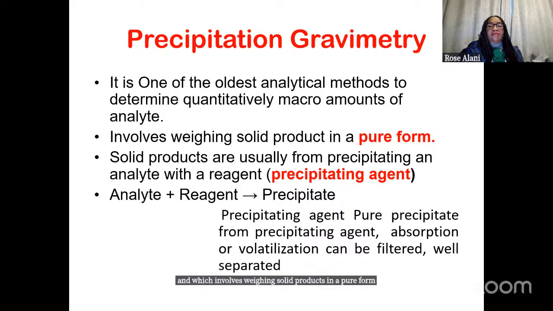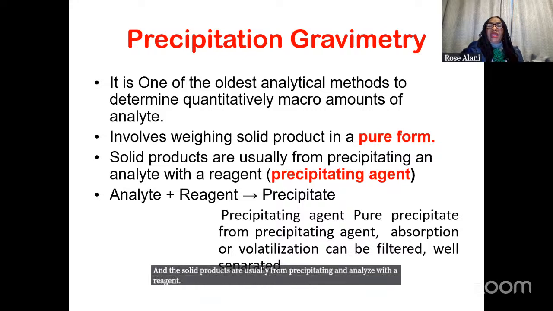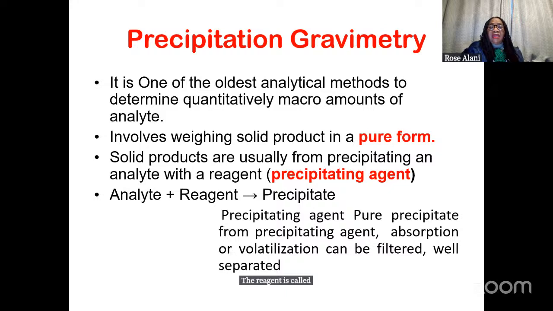It has to be in a pure form. And the solid products are usually from precipitating an analyte with a reagent. The reagent is called a precipitating agent. So you have your analyte, you add the precipitating agent, and it gives you the precipitate.